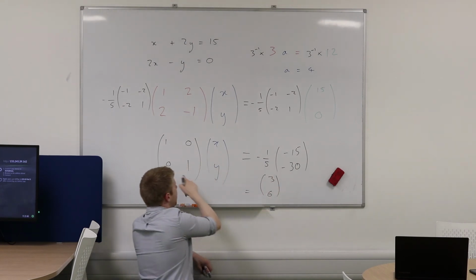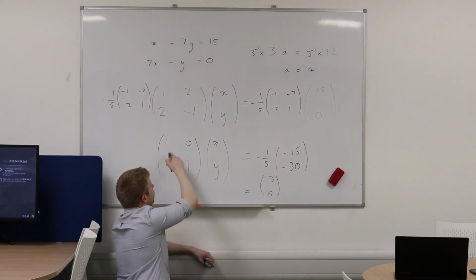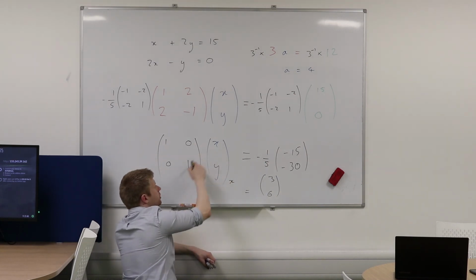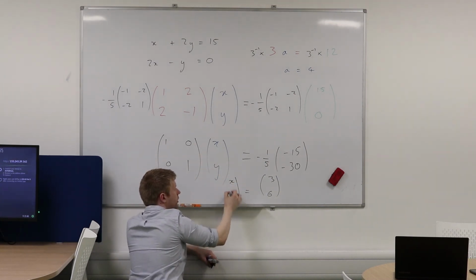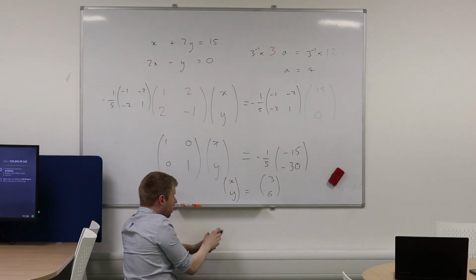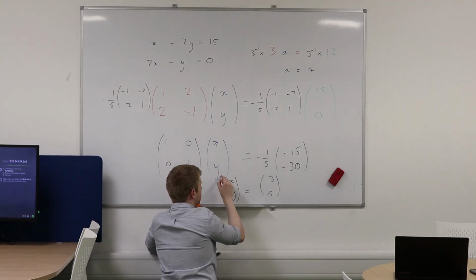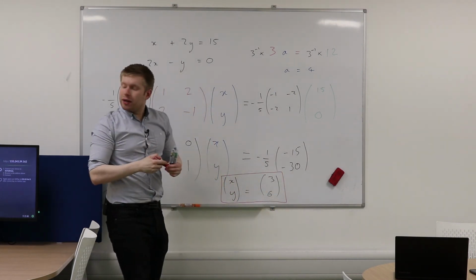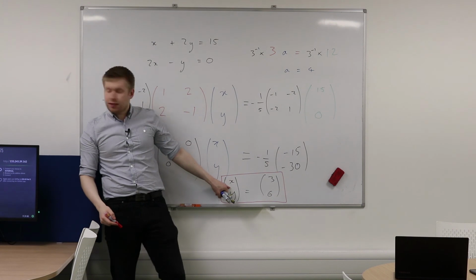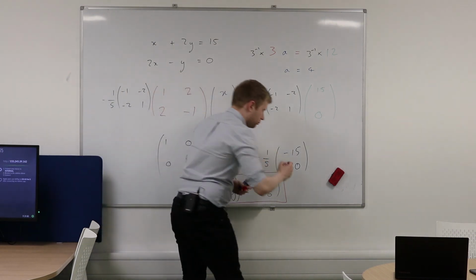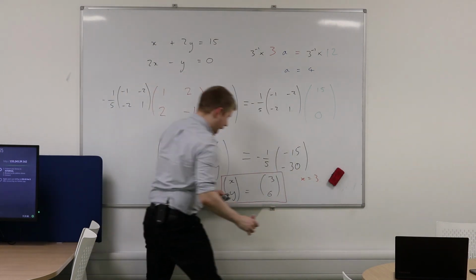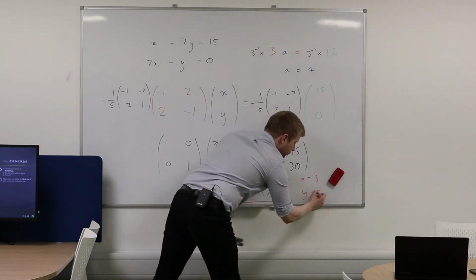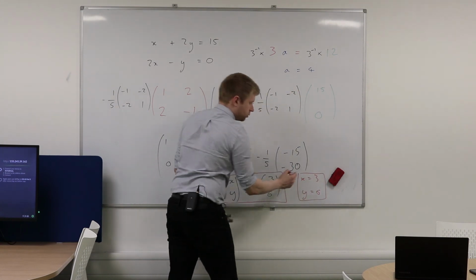And are you happy that if I multiply this side out, 1 times x plus 0 times y is just x, and 0 times x plus 1 times y is just y, that there is my final answer. That's my final matrix, which is what I'm after. Because now I can just read off that x is equal to 3, and y is equal to 6. So those are my solutions.